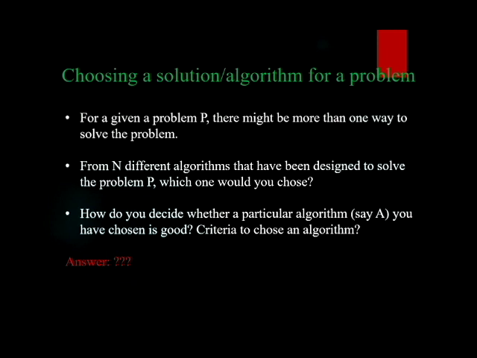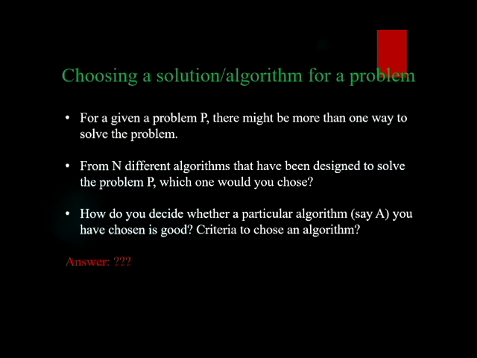In this slide, I have asked a couple of questions. The first statement says that for a given problem P, there can be multiple ways of solving the problem. Is it correct? Do you agree? Yes. Because for a given problem, my approach of solving would be different from how you approach that problem, right?